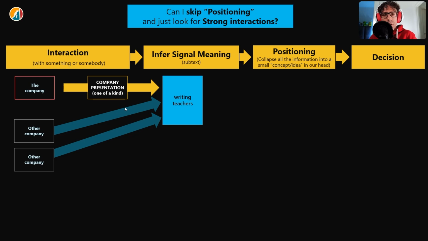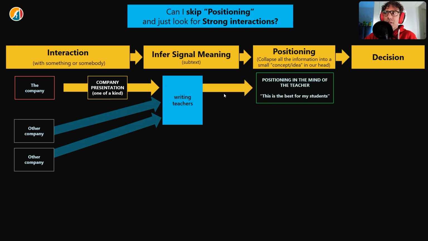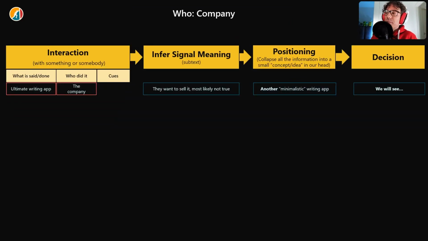He's like, oh, you look different. And then he tries that and the positioning created is like, okay, wait, this looks like the best for my students. And then we will have him talking about us. So yes, we have to work on our presentation first and then look for these people later. We have to do both. So we can't skip that. So let's see, how can we present ourselves?